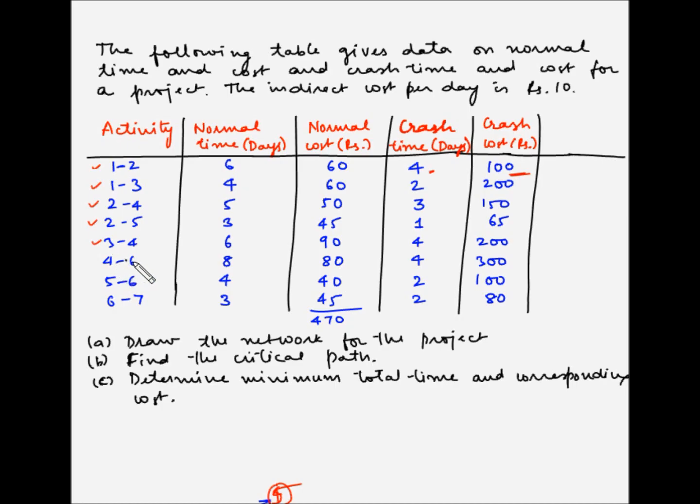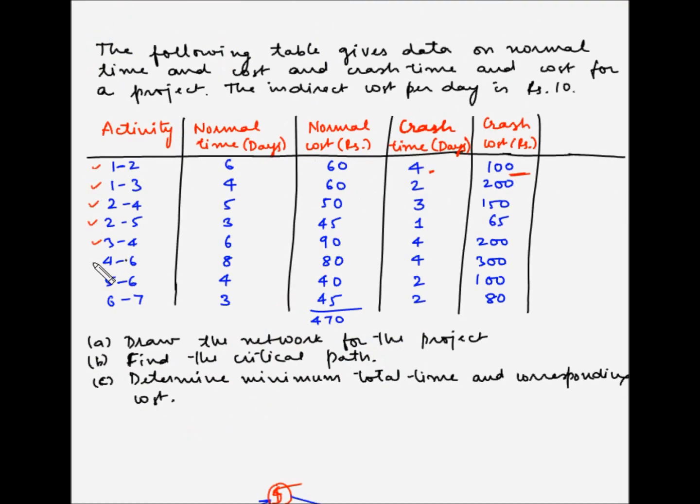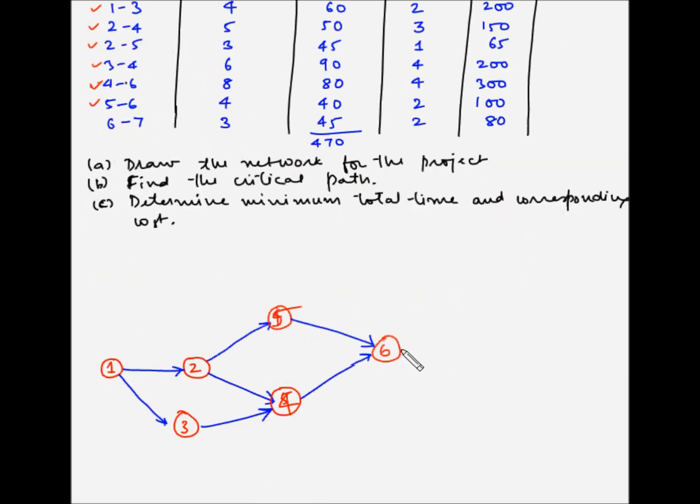Now next is 4 to 6 and 5 to 6. So both 4 and 5 merge into 6. So we have completed 4 to 6 and 5 to 6, and next is 6 to 7. So 6 and then the ending node, which is 7.